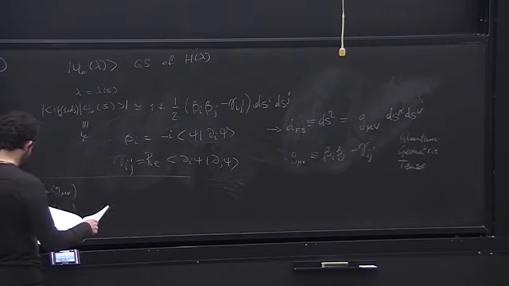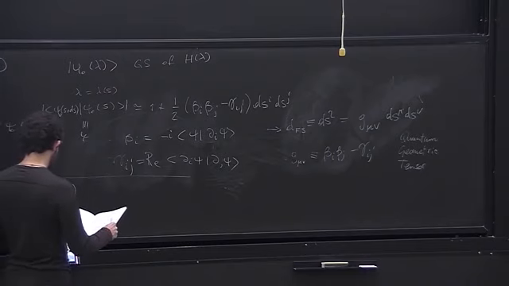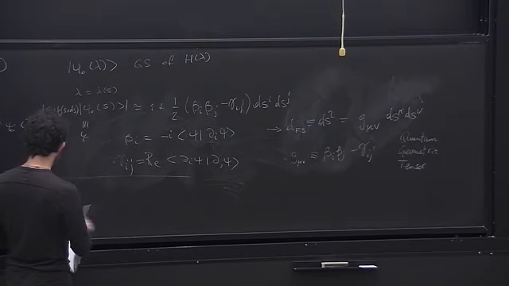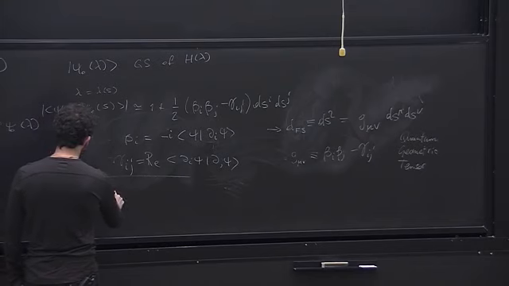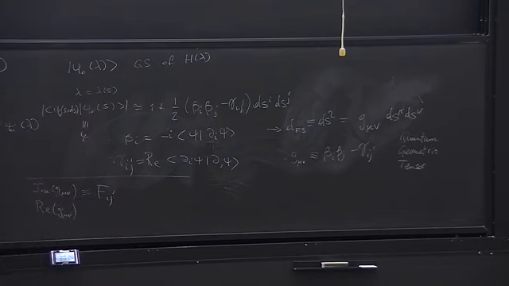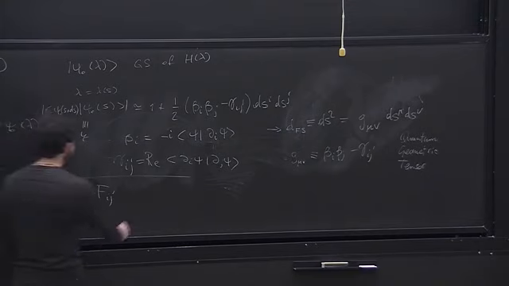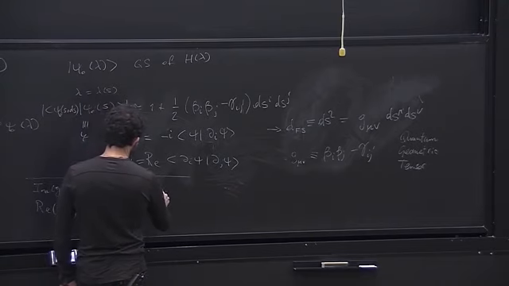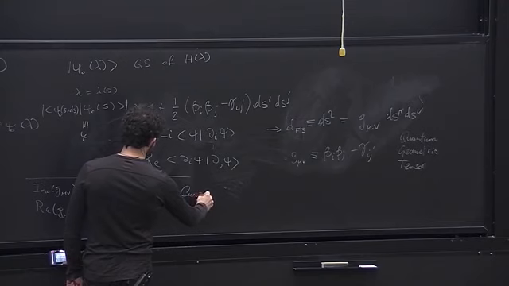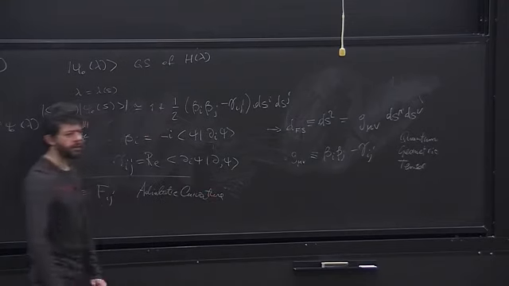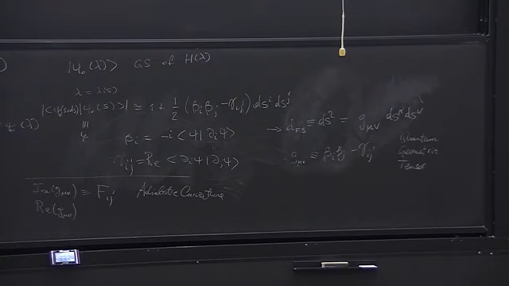And so what is the imaginary part? We call this f, I think, ij. And this is called the adiabatic curvature. Do you know what the Berry phase is?